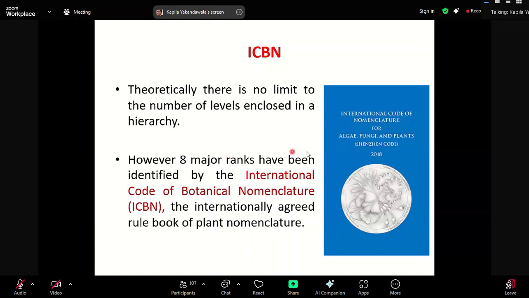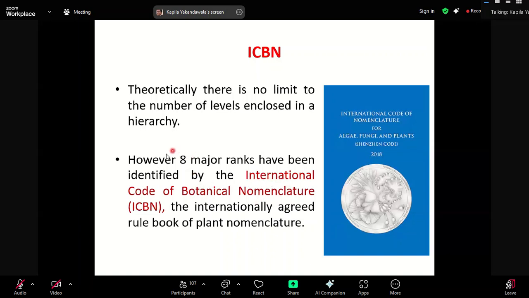So there is a book of regulations, a set of rules governed by international agreement, known as the International Code of Botanical Nomenclature, ICBN. This is an internationally agreed rule book, so you have to do it according to this guideline.